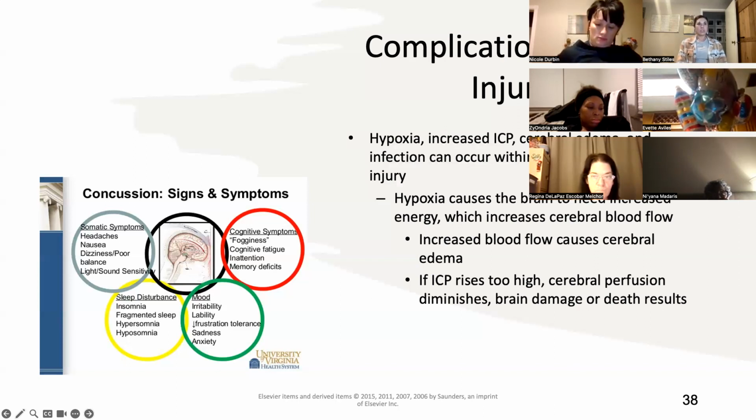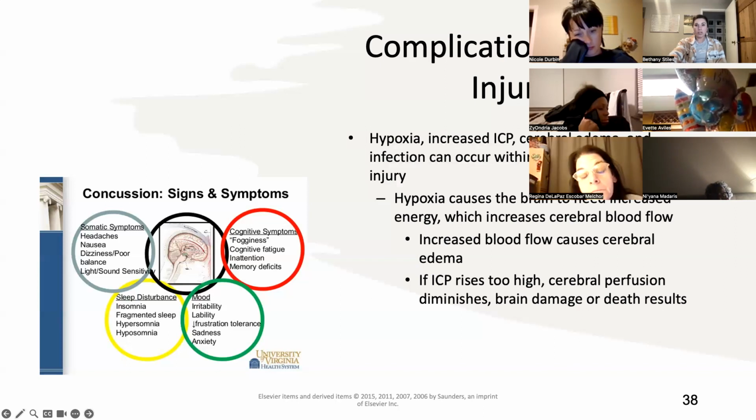So hypoxia causes the brain to need increased energy, which is going to increase our cerebral blood flow. So that increased blood flow is going to create that edema. And then if we have an increased intracranial pressure that rises too high, we're actually going to cut off the perfusion to the brain that can end up killing off parts of our brain. You'll also see things like increased blood pressure and then decreased pulses and respirations.